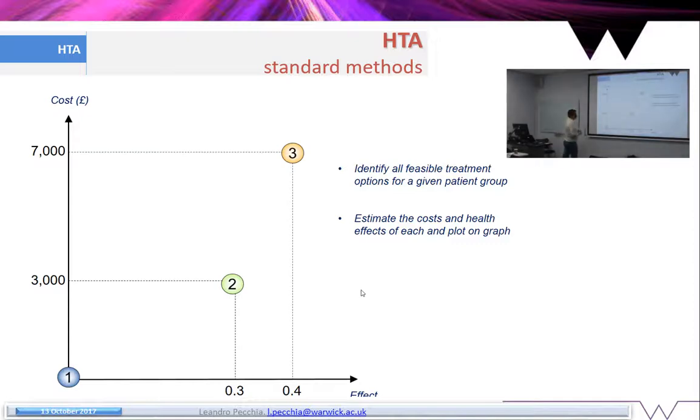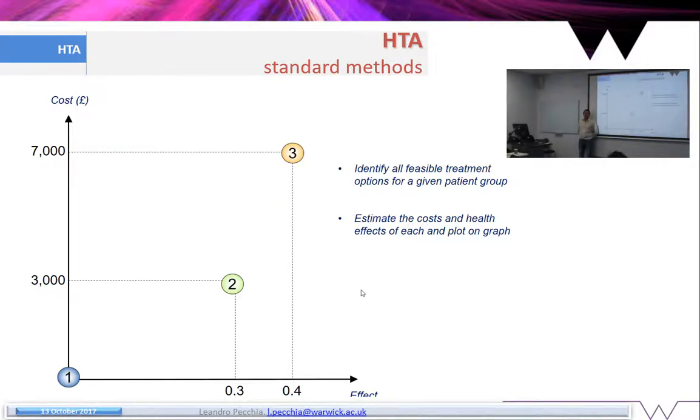So this is not the total cost, but if the benchmark is 10,000, it means the new one costs 13,000 per year per patient. That's what we tend to consider. Or per year on the population, depending on how you measure the effect: on the individual patient as an average, or on the patient as a population.